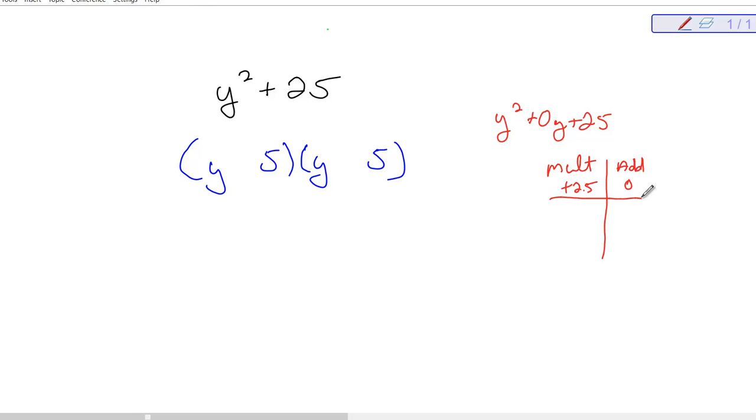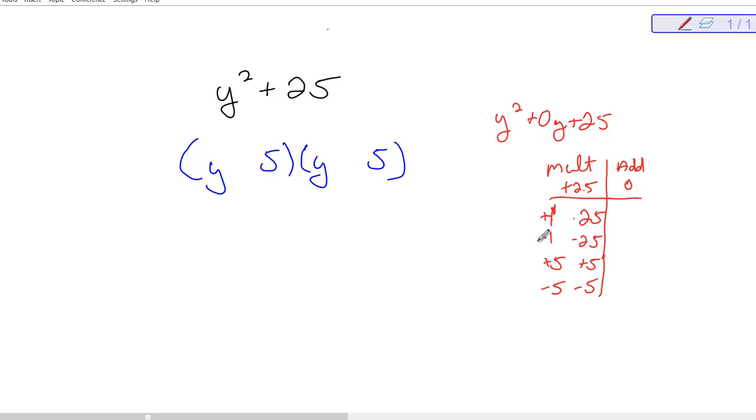Well, the factors of 25 are positive 1 and positive 25, negative 1 and negative 25, or positive 5 and positive 5, or negative 5 and negative 5.